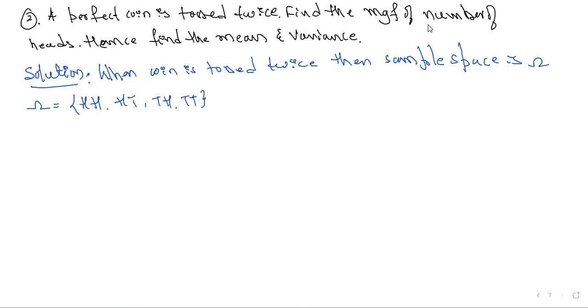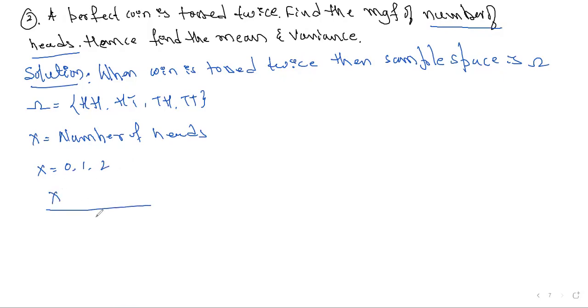Now what do we want? MGF of the number of heads. Let us assume X equal to the number of heads. Then what is the probability distribution of X? Here, how many heads in this case? 0. So X can take the values 0, 1 or 2.